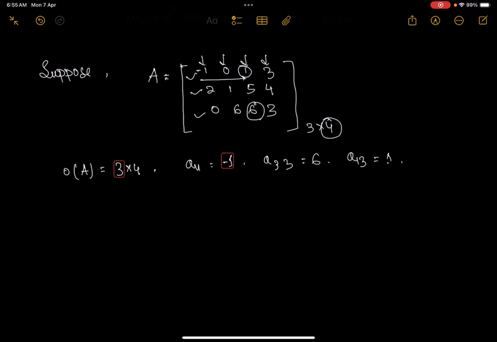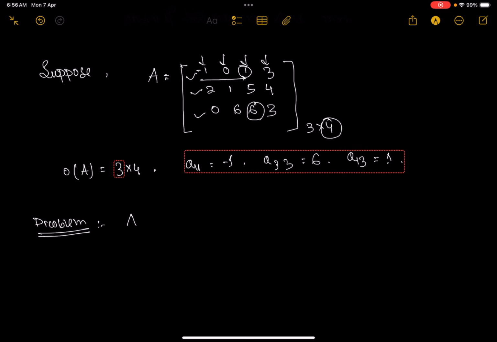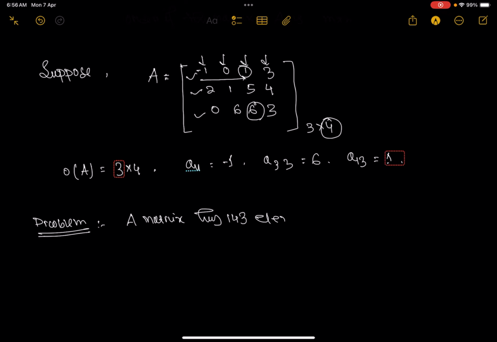Next, we do a problem. A matrix has 143 elements.